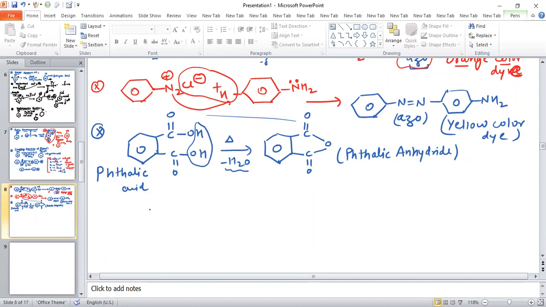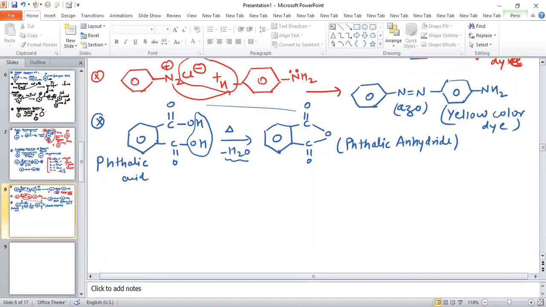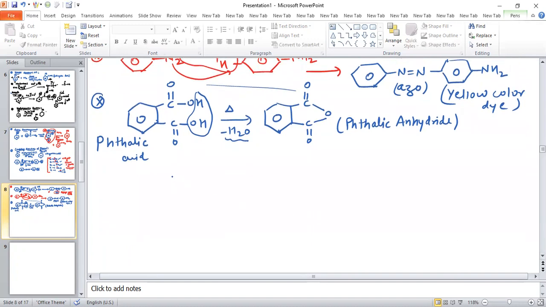When this phthalic anhydride reacts with phenol, what happens? The phthalic anhydride has C double bond O, and this is the oxygen. This is C double bond O, and this has oxygen.